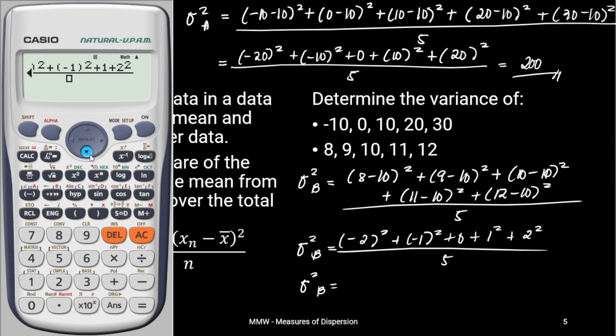So therefore, we have 2. So the variance is 2.